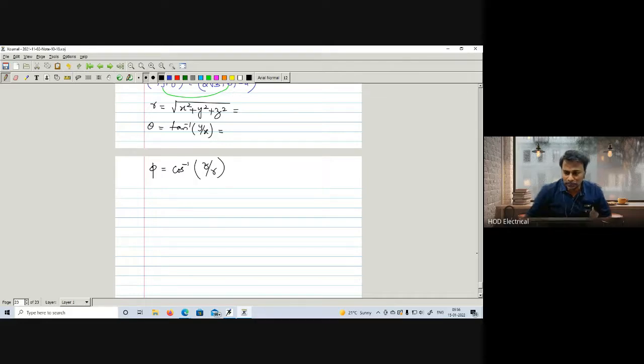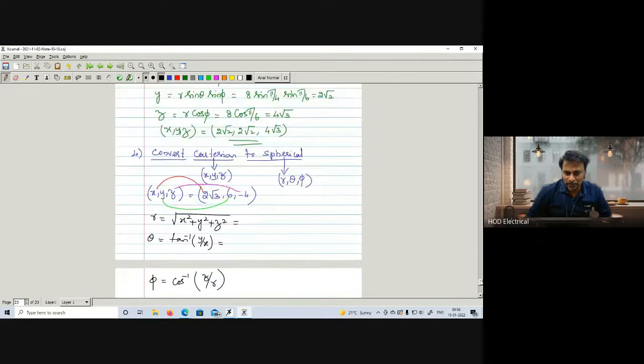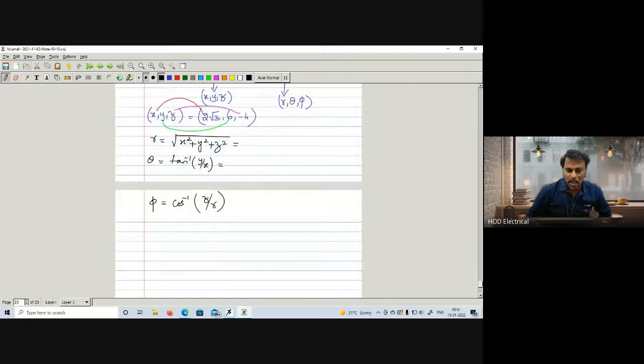So from this, r is the square root of 2 root 3 square plus 6 square plus 4 square. So that is root of 64, that is equal to 8.